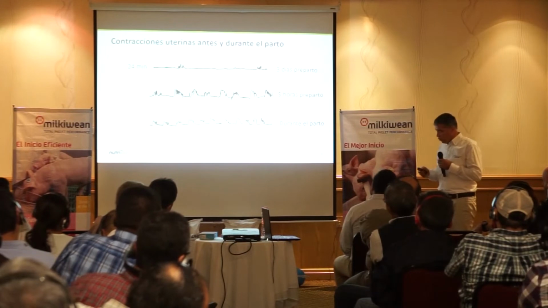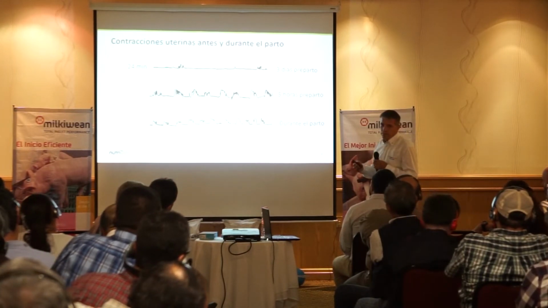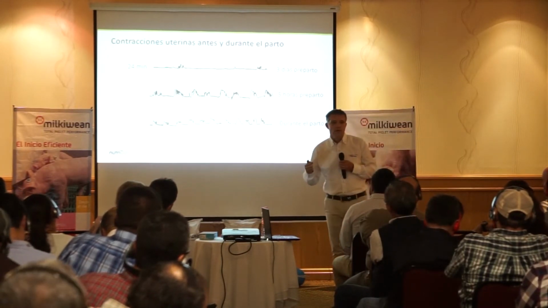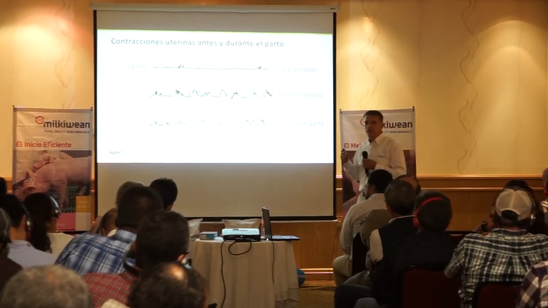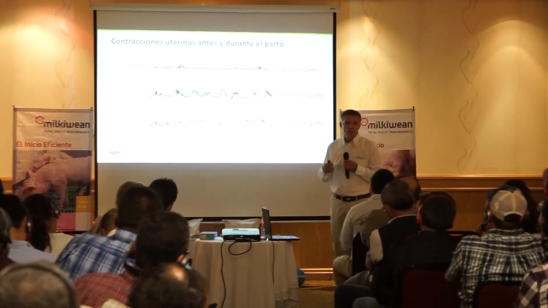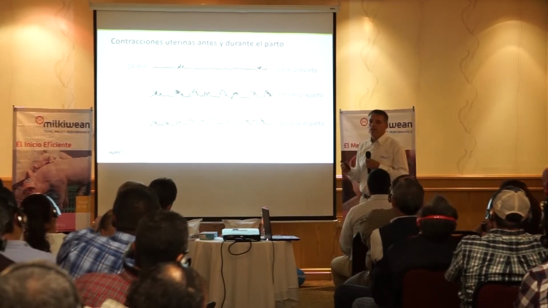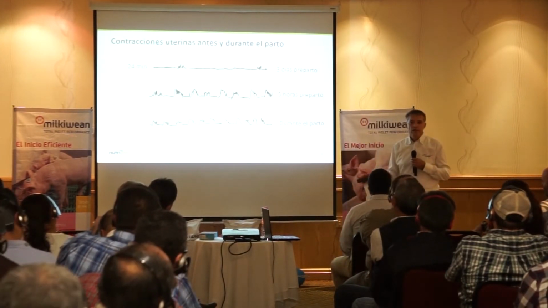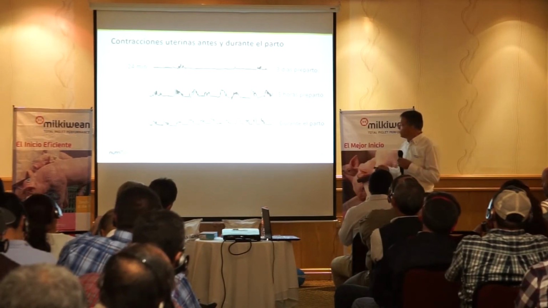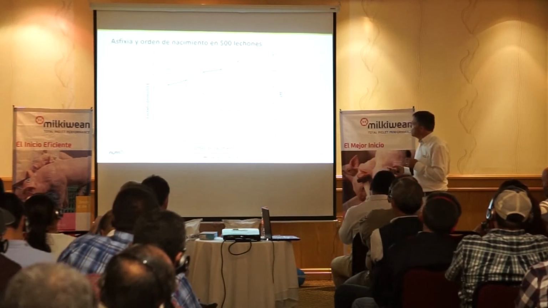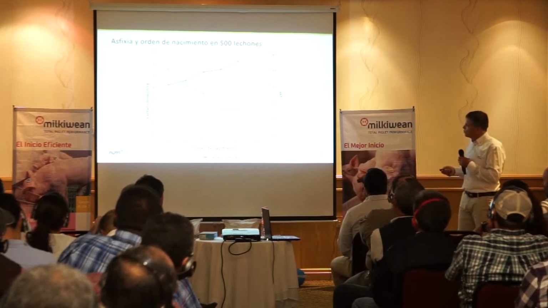And when there is a shortage of oxygen, we know that the energy metabolism in the animal will change from aerobic to anaerobic. And when we have an anaerobic energy metabolism, the lactate level in the blood will increase. And that is what we have measured in the next slide.